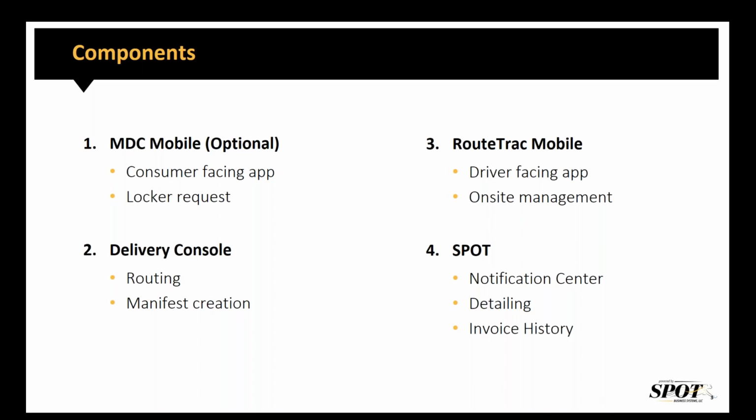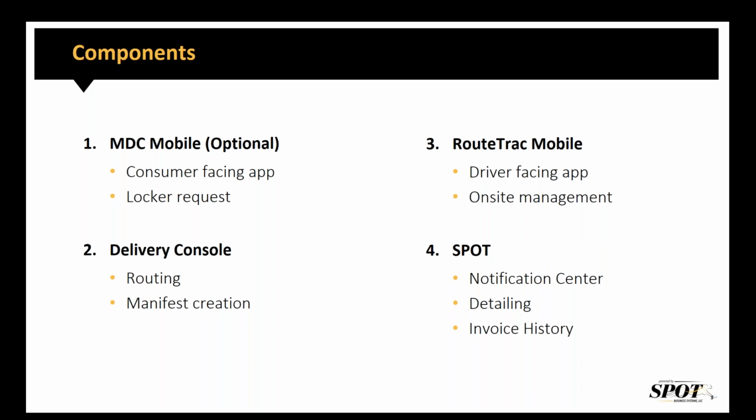So therefore, RouteTrack Mobile is required in this avenue. From the driver side of things, this is what will allow them to perform the on-site management of the locker banks. So actually going through and picking up whatever the customers left in there, making the deliveries, reconciling old inventory that might be sitting inside the lockers. That's what RouteTrack Mobile will allow them to do.